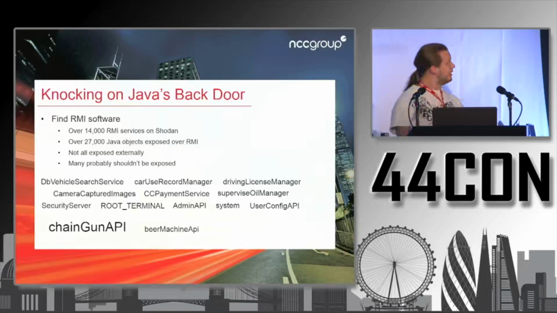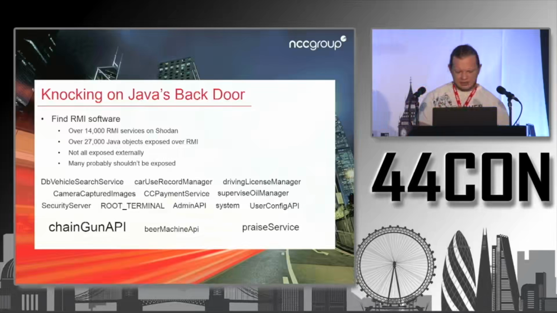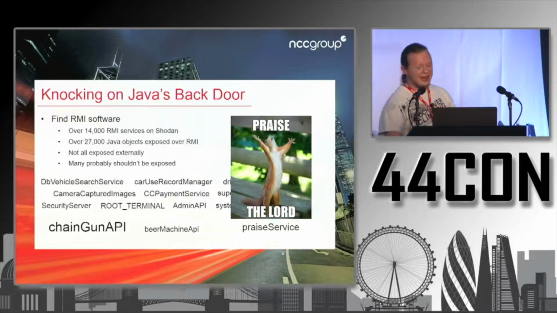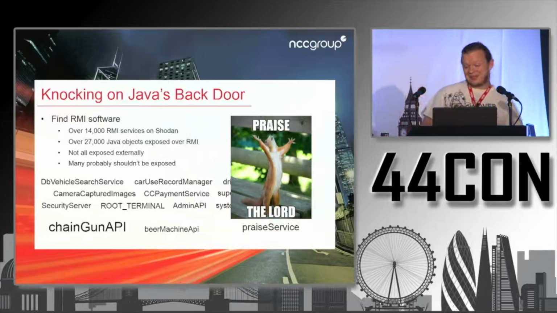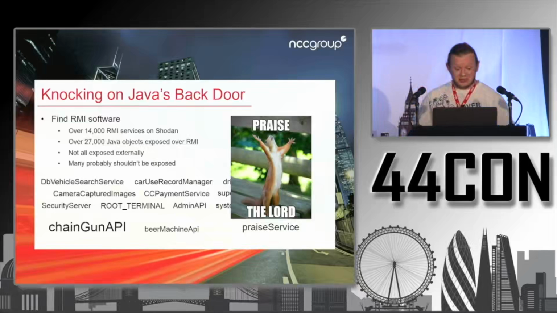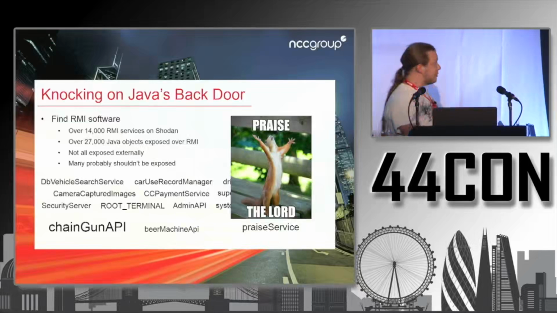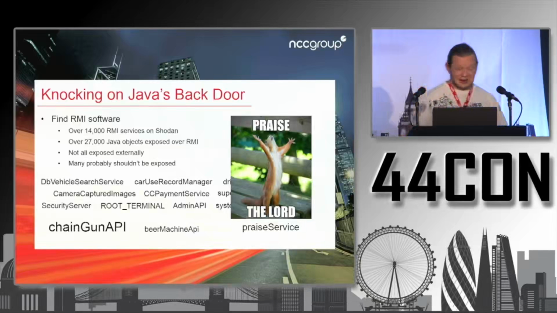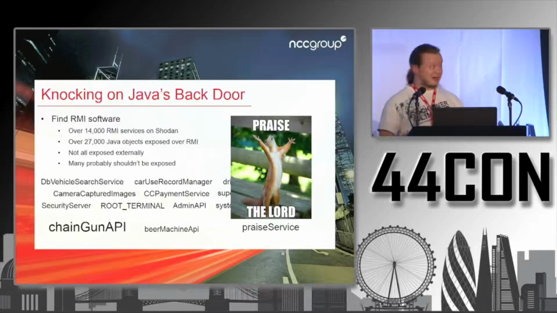Beer machine API, Alva Porter, and praise service. And the point here is that I don't know what any of these do. I didn't find a lot of the software that I went out looking for. But the point is, this is the kind of stuff that people expose to the internet over RMI, even today when RMI is considered old and nobody uses it anymore.